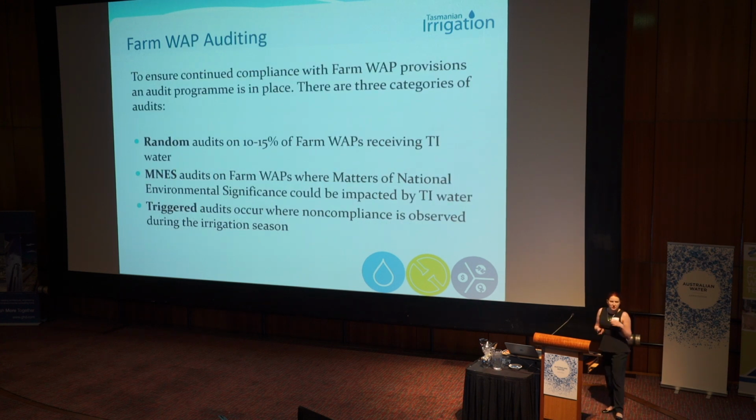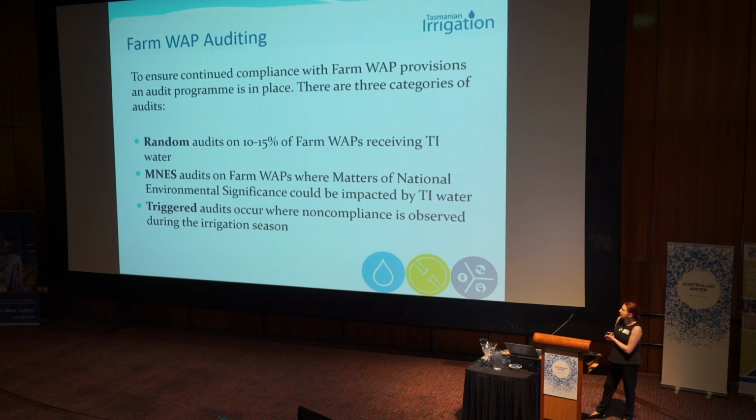So to ensure compliance, both the irrigators and ourselves, we have an audit program in place. There are three categories of audits. We have our random audits, that's 10 to 15% of our water users audited each year. So that's the predominant area.